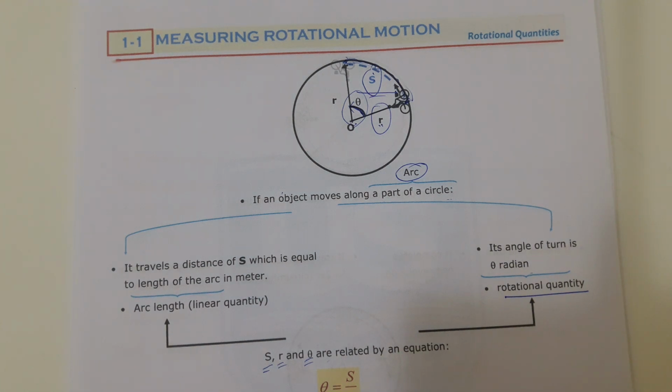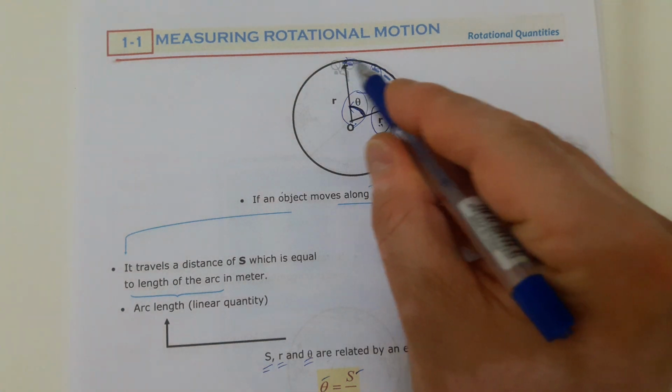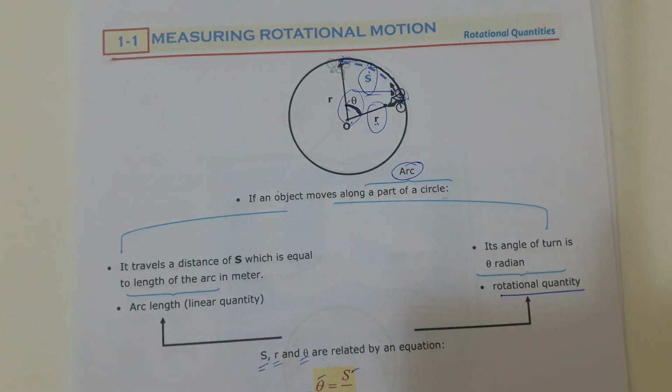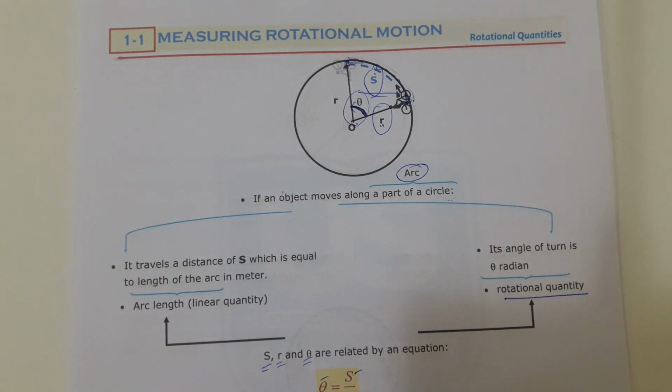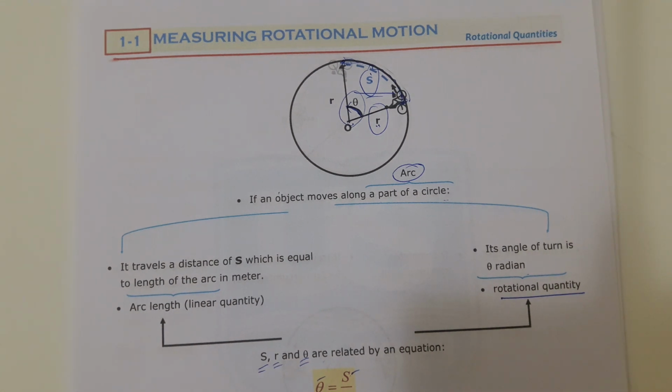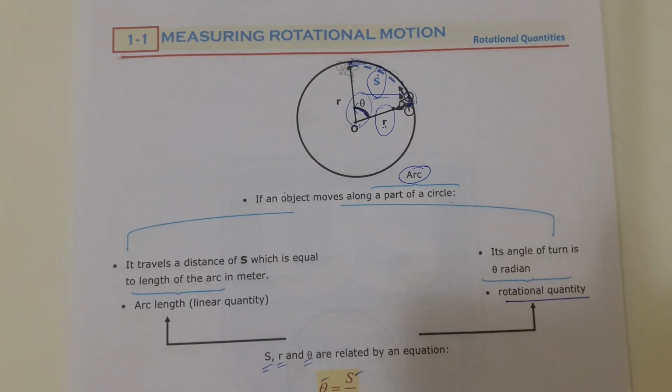This is the basic equation of rotational motion. Length of the arc divided by radius is the angle corresponding to this arc. This angle is measured in radian, not degree. If we divide s by r, we get the angle in radian. This is the basis of all other equations which relate linear and rotational quantities.